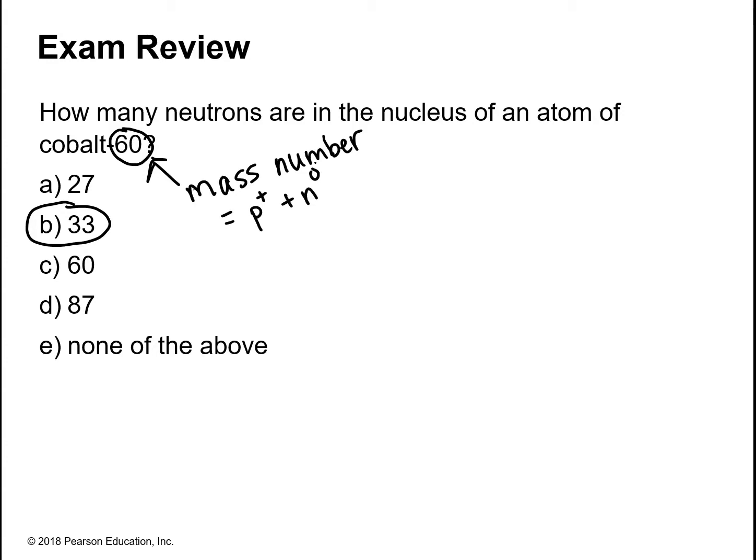Where do you get the number of protons from? You get it from the periodic table. It's the atomic number on the periodic table.